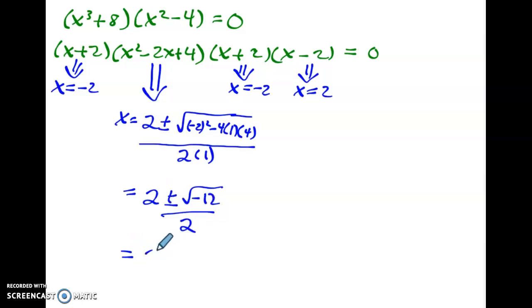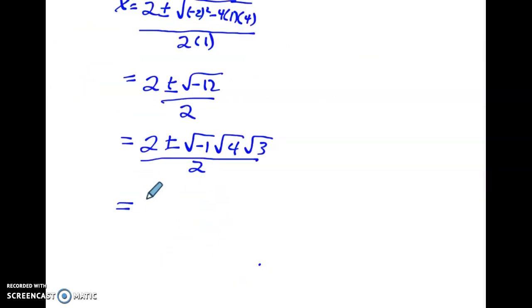And the square root of negative 12 we can split up into the square root of negative 1 times the square root of 4 times the square root of 3. Because 1 times 4 times 3 would give us the 12. And then it's all over 2. So simplifying that a little bit more still, square root of negative 1 is i. And I don't care if you put the i at the beginning or the end, it doesn't really matter. Square root of 4 is 2.